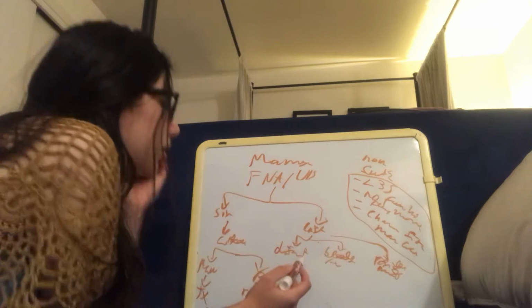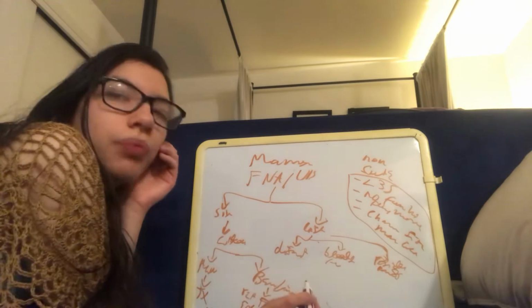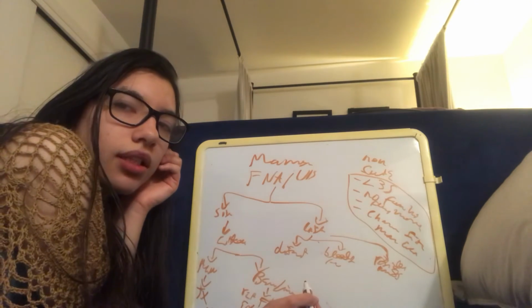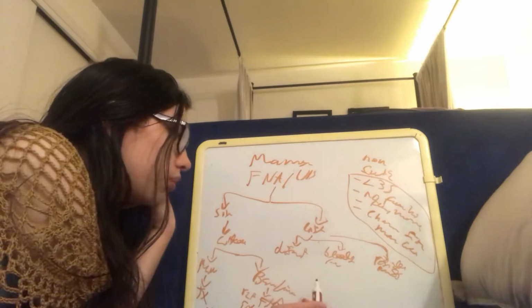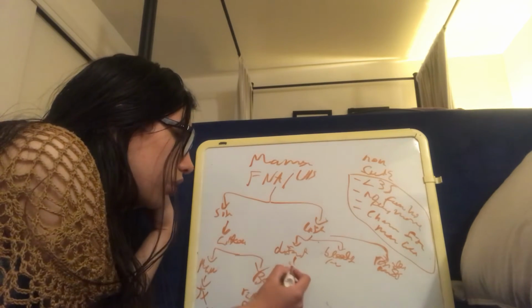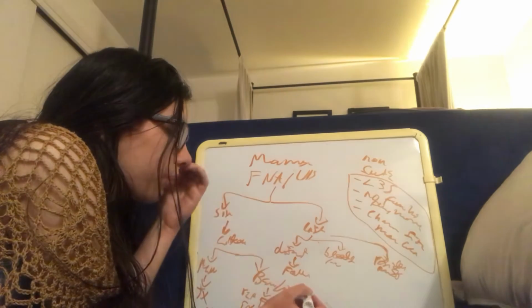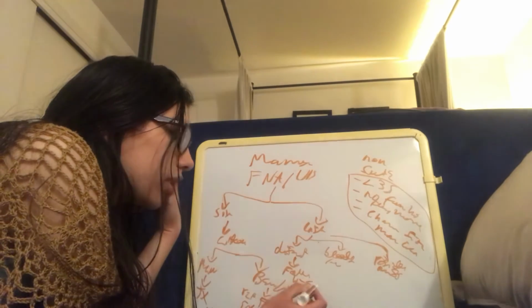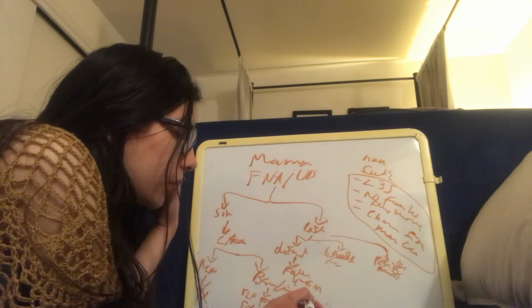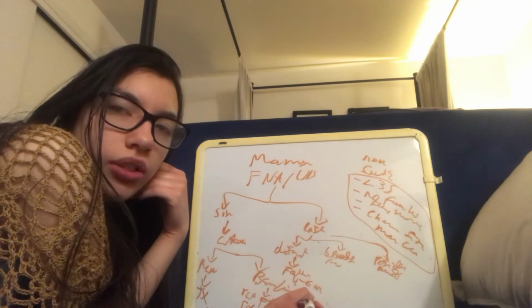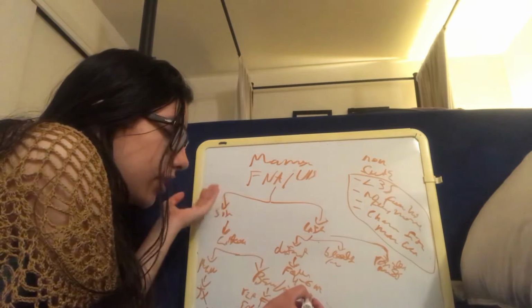If it disappears, it's probably a simple cyst and there is not much that we need to do, so just reassurance and follow up in 4 to 6 weeks or 3 months in order to see if there is a reaccumulation of fluid, in which case we can aspirate again.